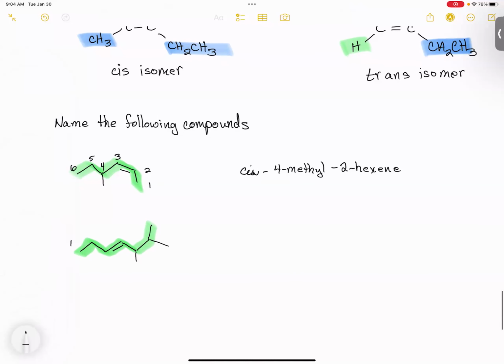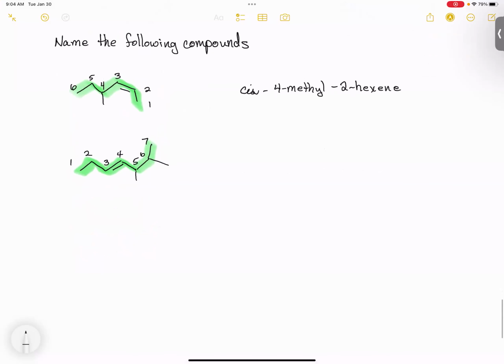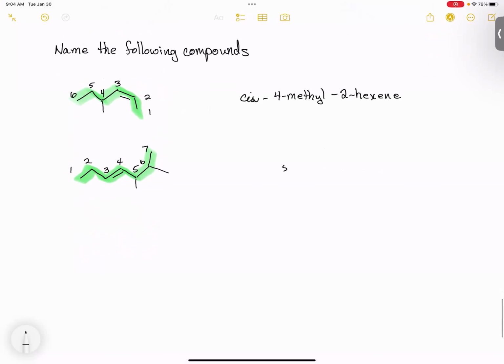So we'll number it going 1, 2, 3, 4, 5, 6, 7. So right off, I see this as a 5, 6 dimethyl 3-heptene.